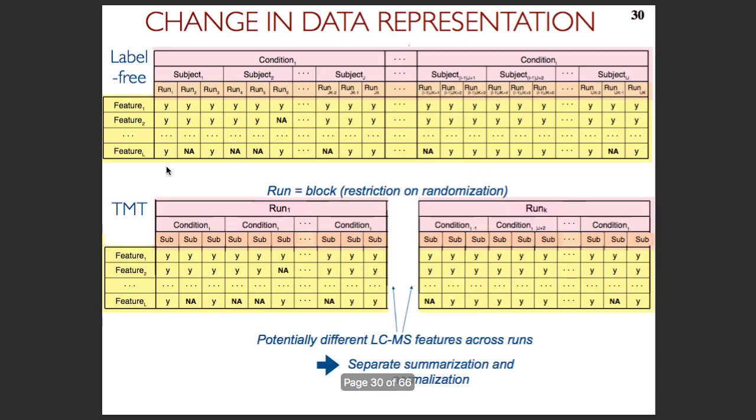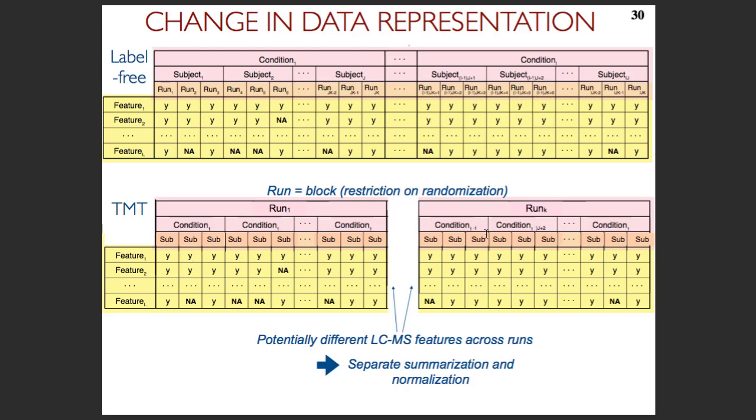So now let us contrast that with what happens with TMT. With TMT, remember, within the run, we have to acquire things simultaneously. So everything starts in a run. Within the run, we have a restriction on randomization. We can randomize the subjects, which we can allocate to the runs.